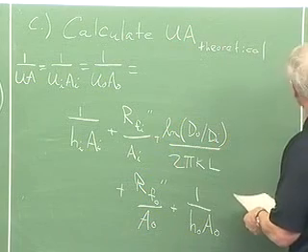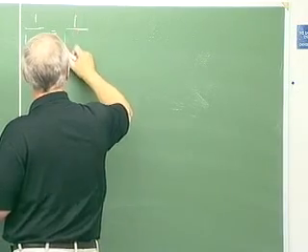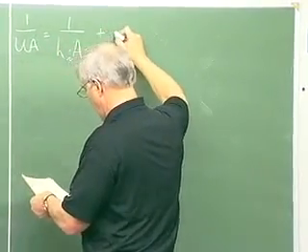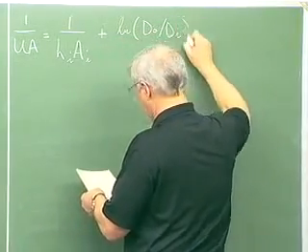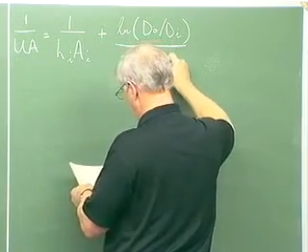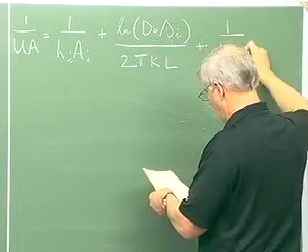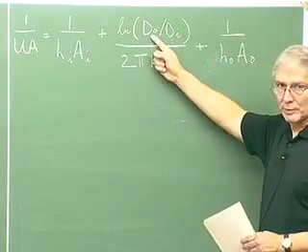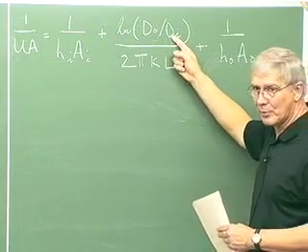So then we're going to have 1 over UA is equal to 1 over h_i A_i plus the log of d_o over d_i divided by 2 pi k L plus 1 over h_o A_o. Well, d outer and d inner are given in the lab write-up.